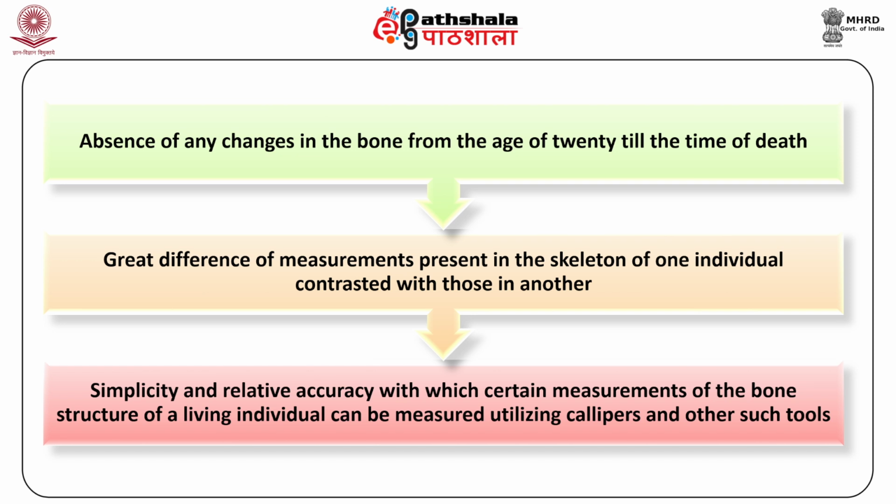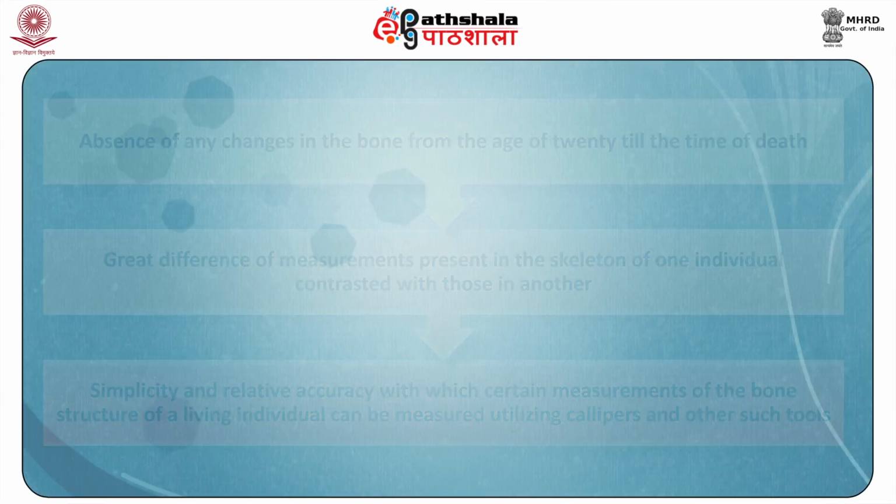The second idea was the great difference of measurements present in the skeleton of one individual contrasted with those of another. The last one was the simplicity and relative accuracy with which certain measurements of the bone structure of a living individual can be taken using calipers and other such tools.